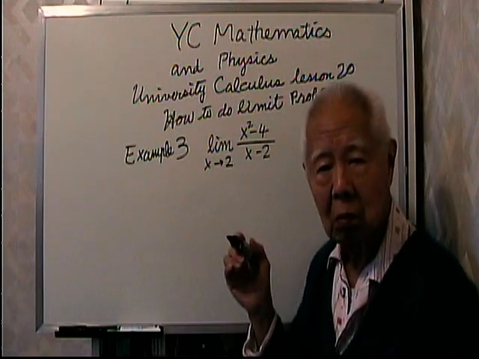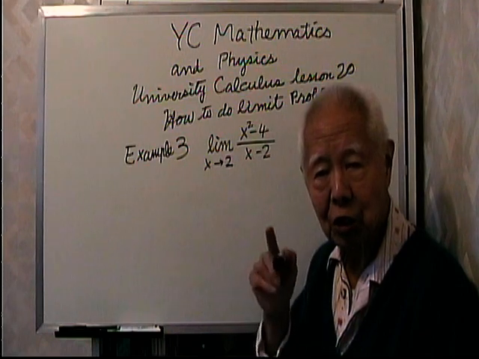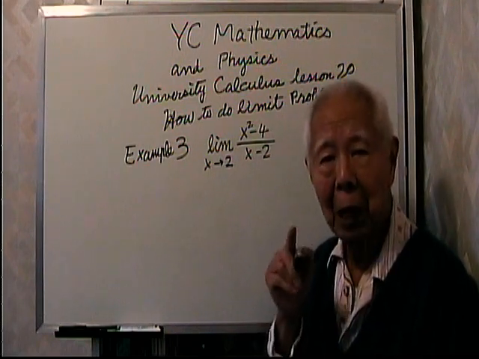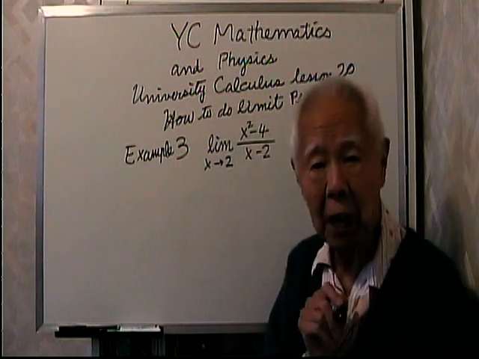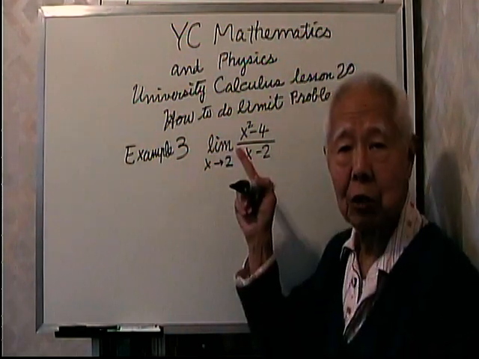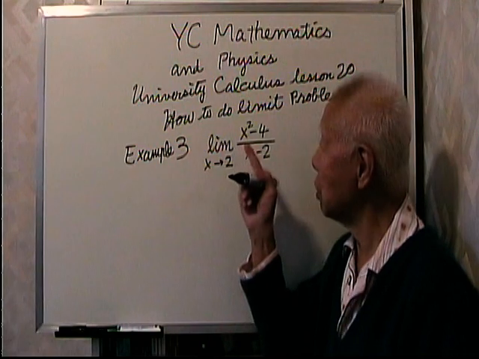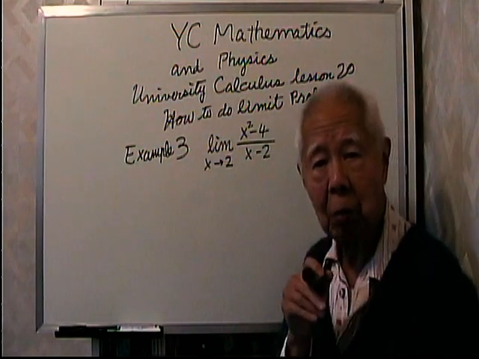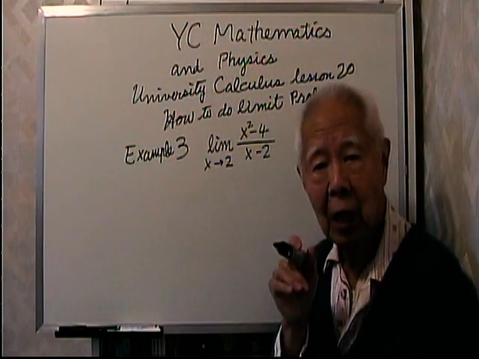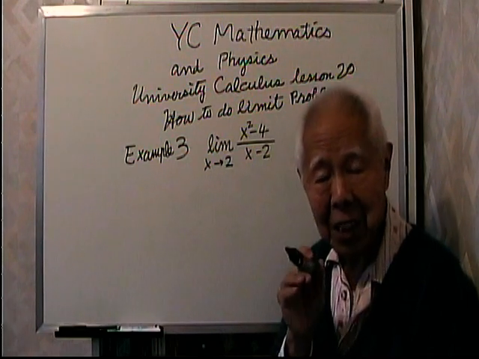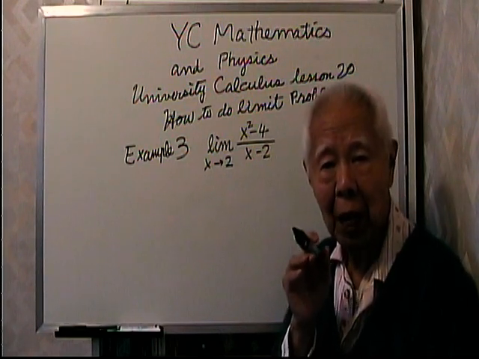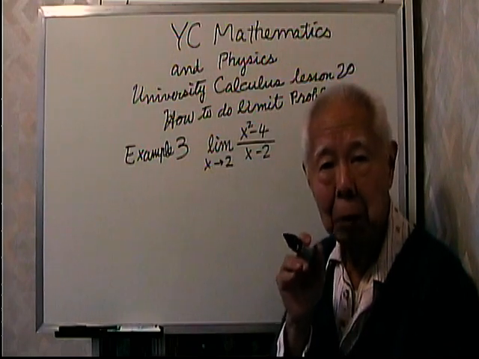So it is not that you substitute. We must do something else. What is the something else? Look at the numerator. The numerator is in the form of a squared minus b squared. That can be factored into a plus b times a minus b.